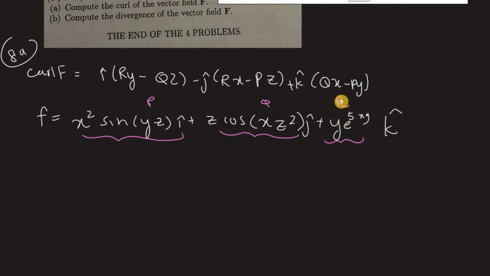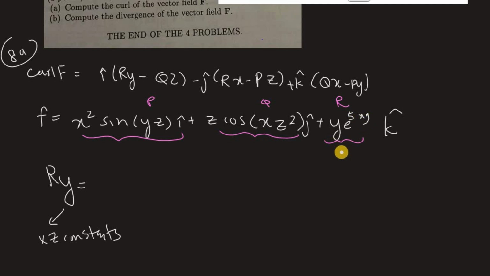Here we're going to find R sub y first. So R sub y, the partial derivative of R with respect to y. So we are only differentiating y, which means x and z are treated as constants. Okay, so here you can see there is a y over here and there is a y in the exponent as well. So this y is not a constant since we're differentiating with respect to y. So these are two different functions, y and e to the power of 5xy.